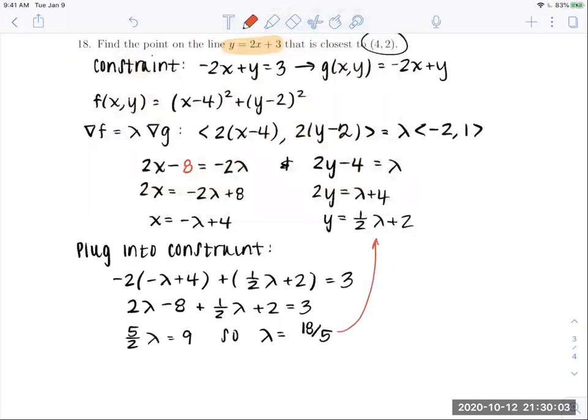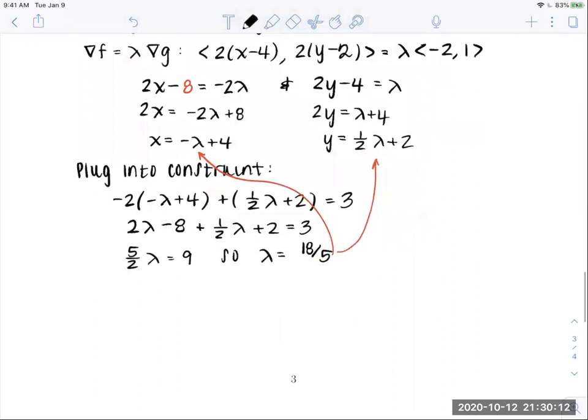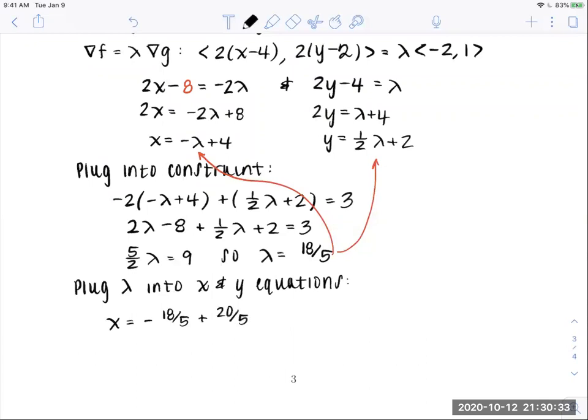So now that I know what lambda is equal to, I can take this value and plug it back in to my equations for x and y to come up with the point that must be closest. So plug lambda into the x and y equations. And I have that x is negative 18/5 plus 4, which I'm going to write that 4 as 20/5.